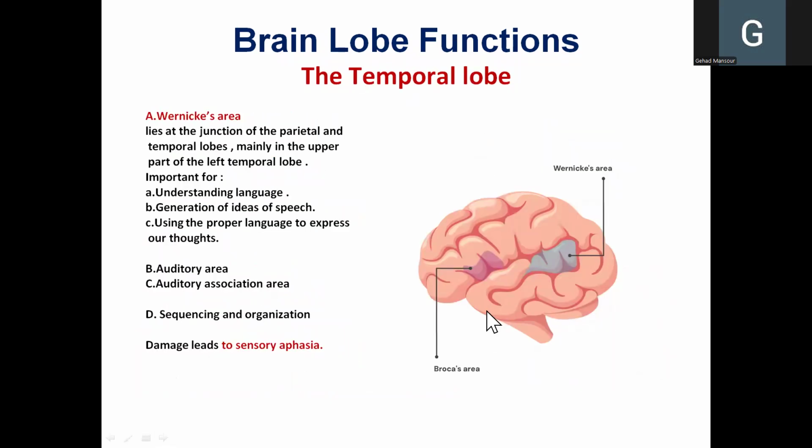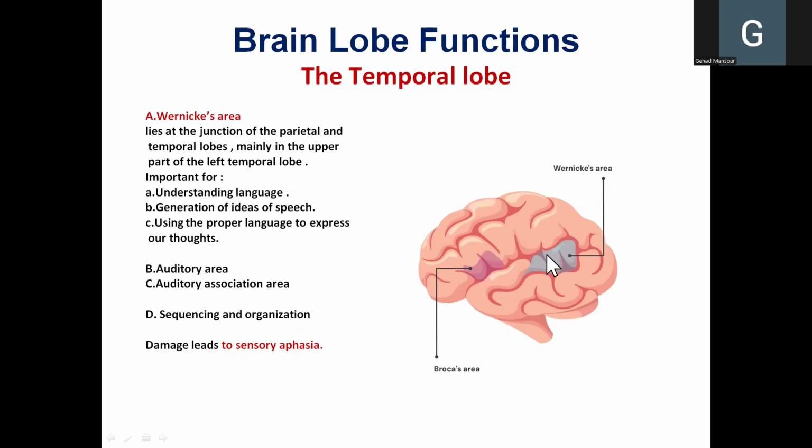Now, the temporal lobe, of course, is very important because in the temporal lobe, we have the auditory area, we have the auditory association area, we have Wernicke's area. And as you know, Wernicke's area is responsible for producing ideas of speech, for understanding the meanings of words. And if Wernicke's area is damaged, then you will have Wernicke's aphasia.